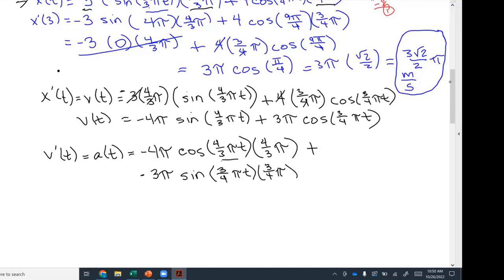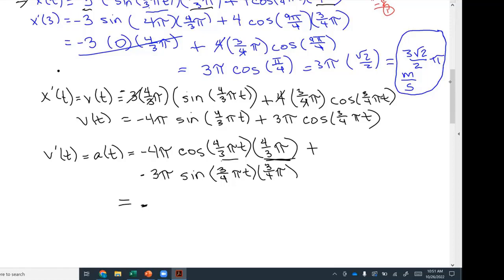All right, that is my acceleration equation, not very simplified, but at least we have something, right? We can simplify it a little bit. I'm going to take this part from the back and multiply it to the front.